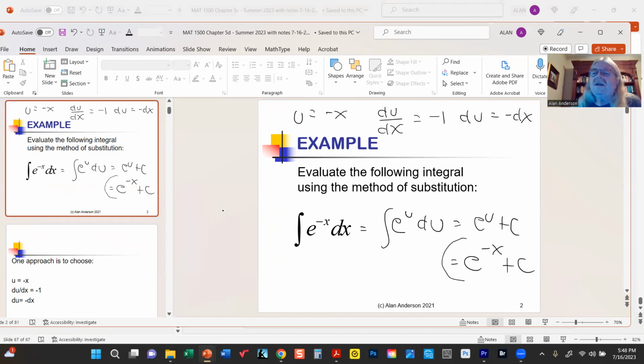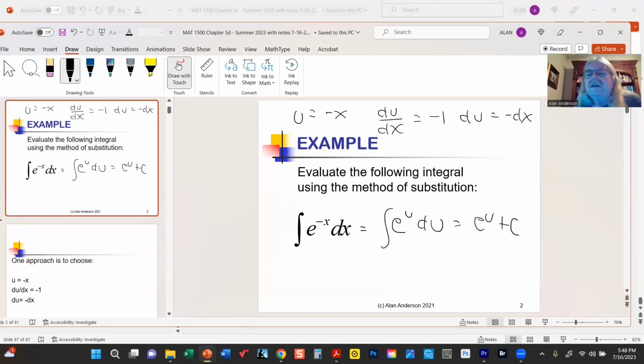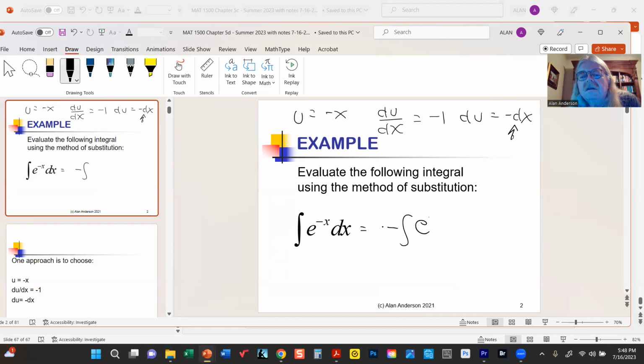Oh, wait a minute. Sorry, I just realized I blew it here. I forgot one important detail. The dx is negative, sorry, that's my fault. I went too fast. This is negative. We don't have negative, do we? So here's what we have to do. We're missing a negative, so let's write it like this.